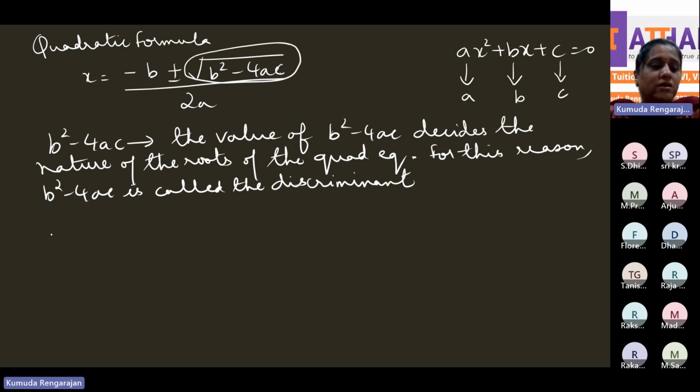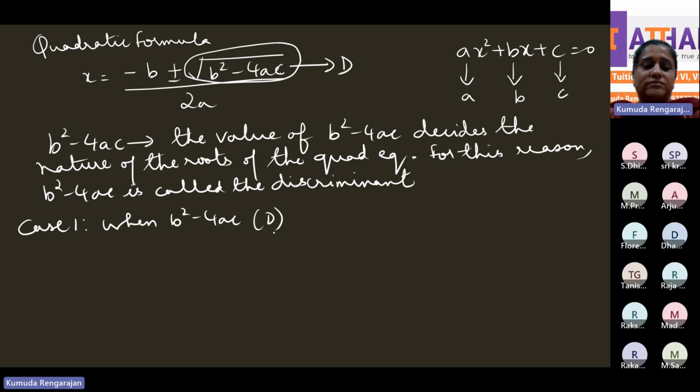So case 1 is when the value of b square minus 4ac is negative. That is, it's less than 0. This one is called d. So b square minus 4ac is nothing but d.